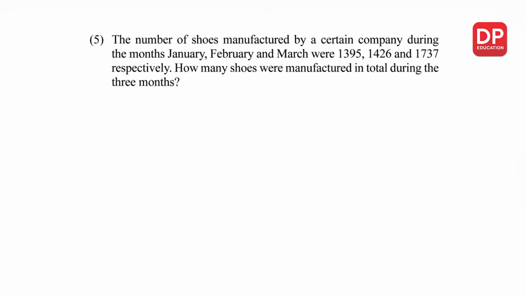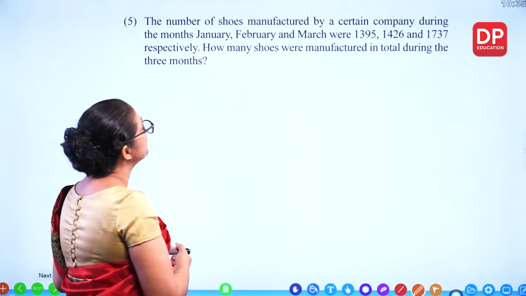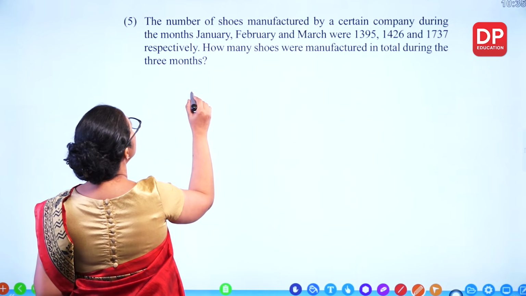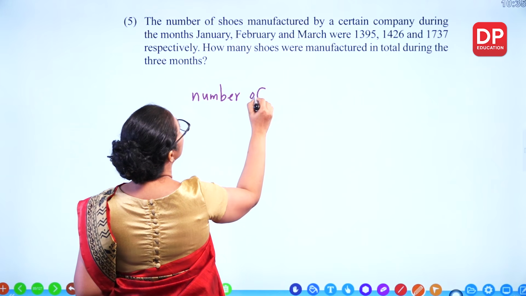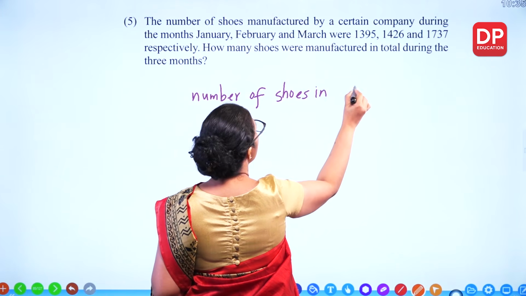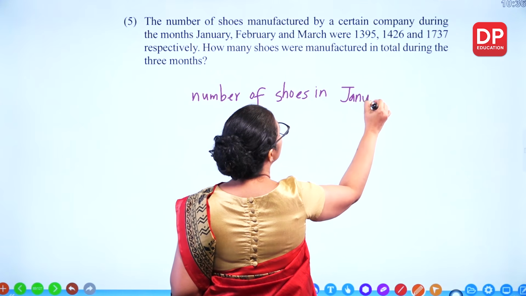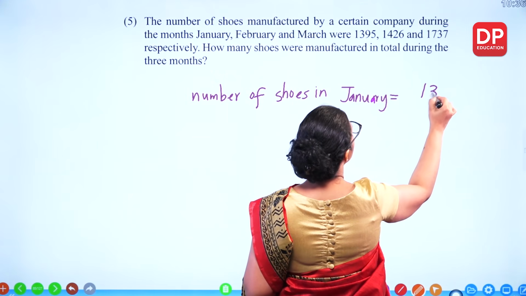The number of shoes manufactured by a certain company during the months January, February and March were given. How many shoes were manufactured in total? So you can write number of shoes in January. So you get 1,395.